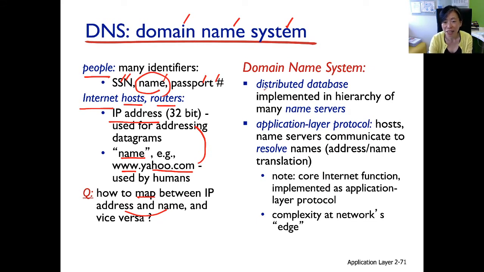Essentially, it's a database of these mappings, so lots of these IP address mapping entries. Nowadays, it's distributed, meaning there are multiple of these name servers. And there's a hierarchy connecting these name servers, some of them sitting at the higher hierarchy and some of them sitting lower.